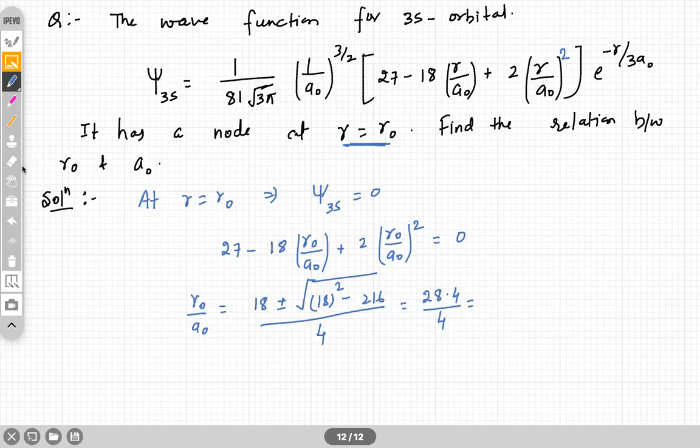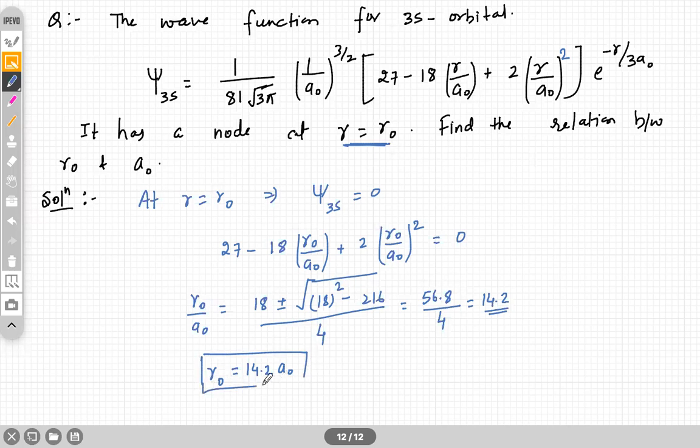So we'll get 56.8. You can solve this, you'll get the answer. And that would be 14.2 approximately. So R naught value is 14.2 A naught. This is the relation we have.